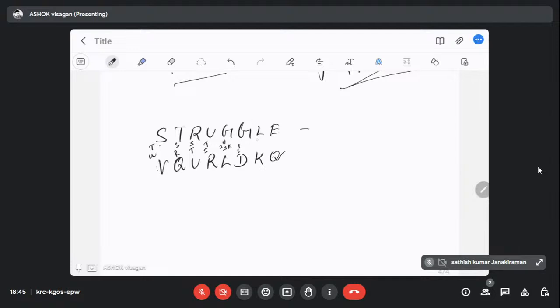So L, K, L, D, E, F, K, L, next letter. And E and Q, there is no connection between E and Q. That may be some swap between the number of letters then.